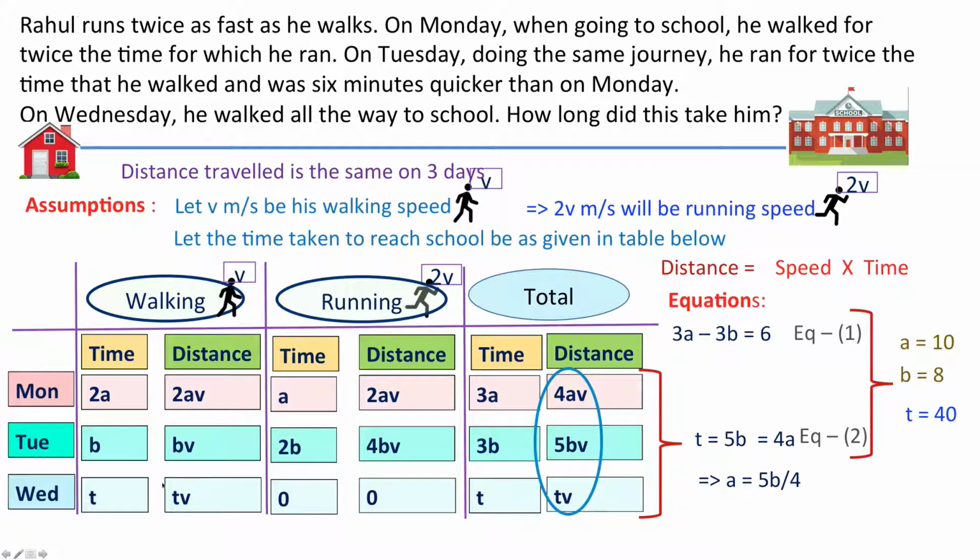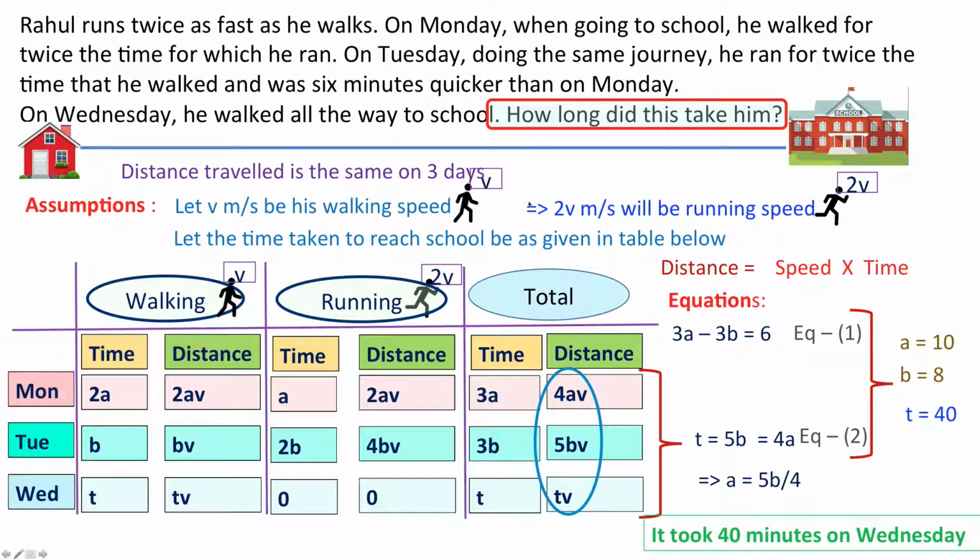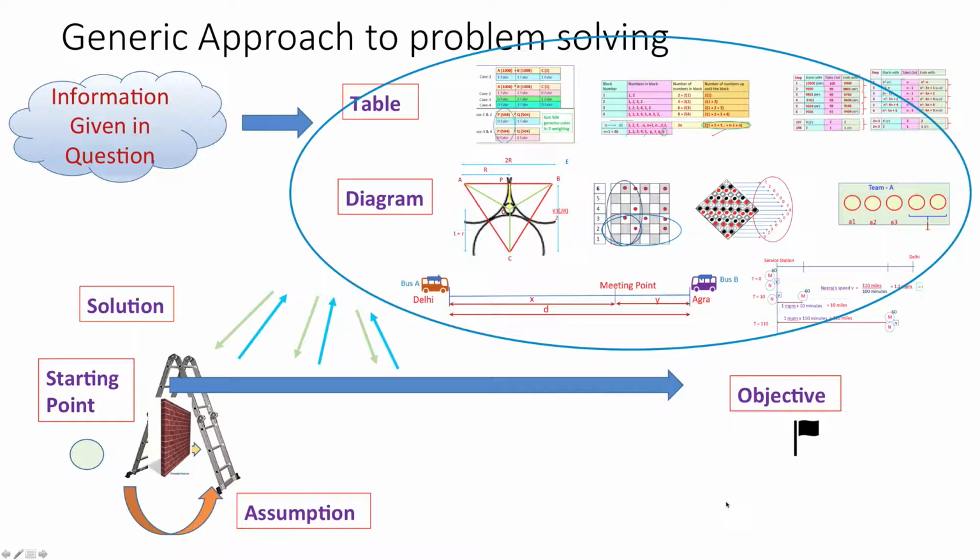T is the time he has taken on Wednesday, the total time taken by him, which is what your objective is. Your objective was to find how long it took him on Wednesday, and that is 40 minutes. So if you see, we have extracted the information into a nice diagram that gave us the insight.